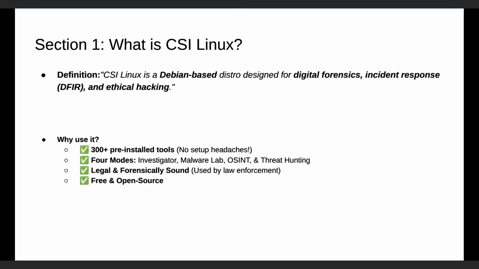Two, we have different modes: the investigator, the malware, OSINT, and threat hunting. And I believe we have a number of other tools, as we are going to see. Three, it's used by law enforcement, so it's pretty well known and pretty stable. And lastly, it's free and open source.